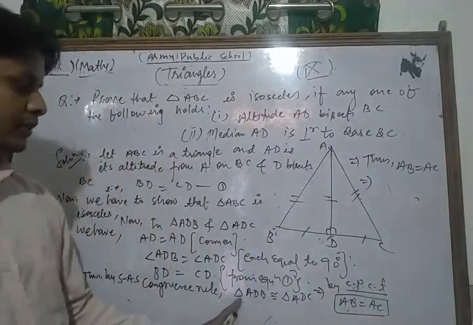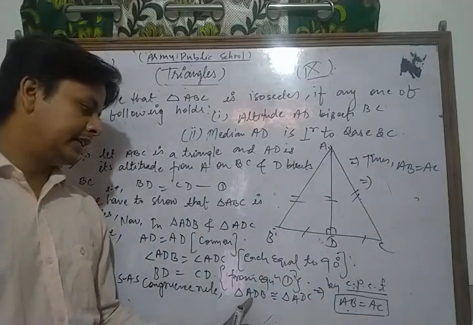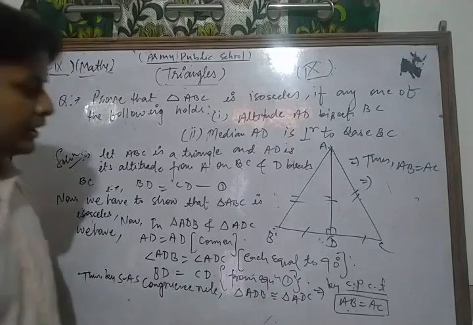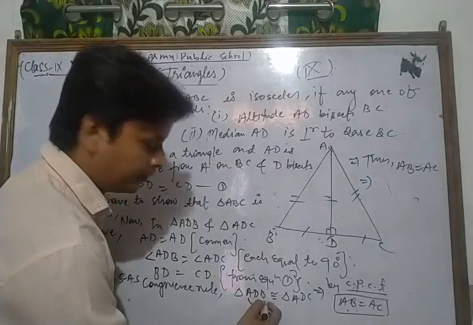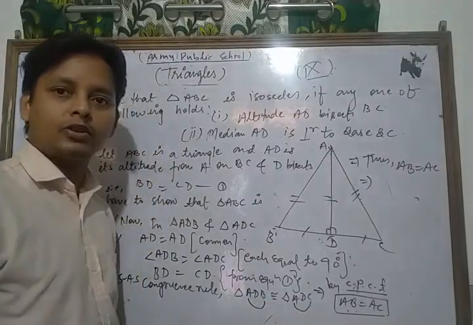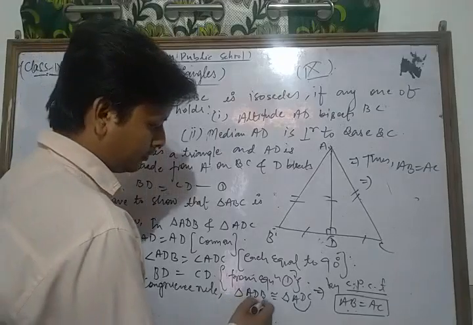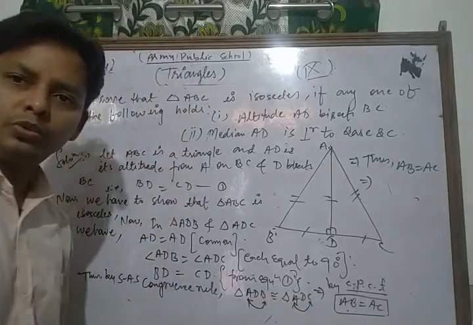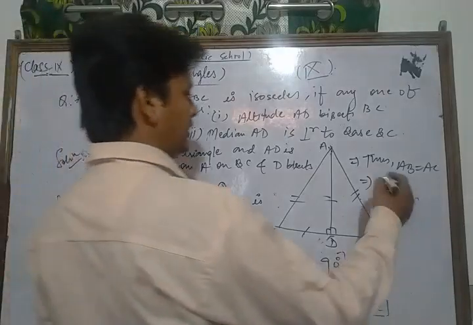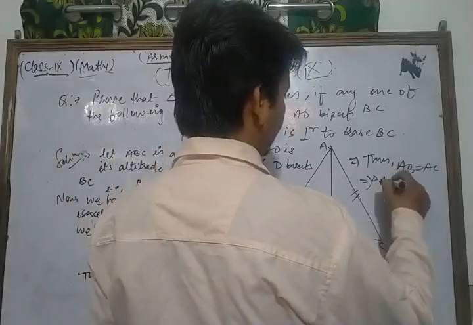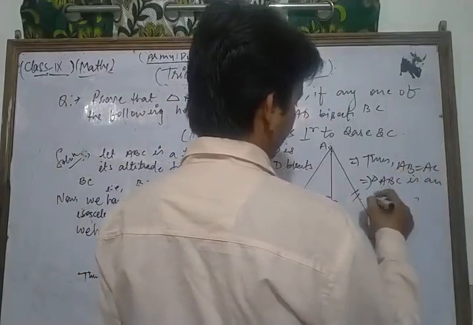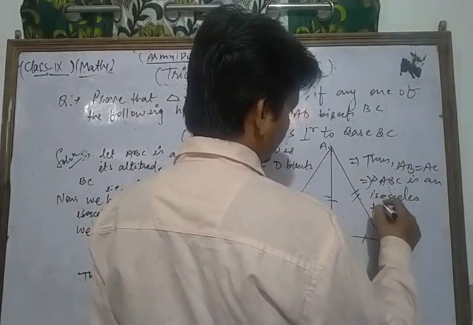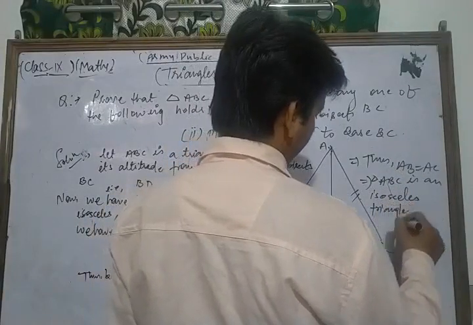So first we show that triangle ADB is congruent to triangle ADC, and then by CPCT their corresponding parts AB and AC are equal to each other. Thus triangle ABC is an isosceles triangle, hence proved.